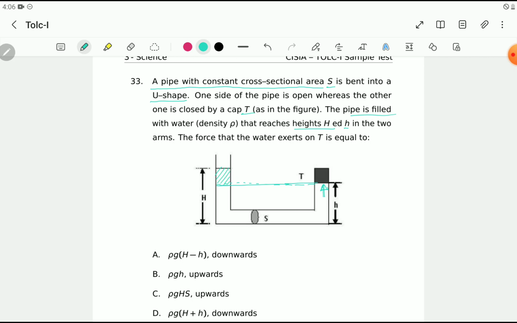So this amount of water will give a force in the downward direction, but this water level here will give an upward force. We have to find out the amount of force and the direction. We already know the direction will be upward on T, but what would be the amount of force? If we calculate the weight of the water occupied by this area, the weight of the water would be equal to the force. We have to find that out.